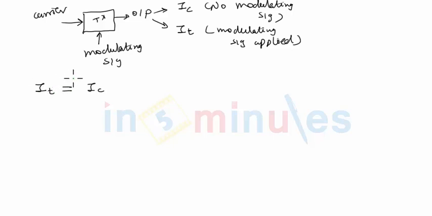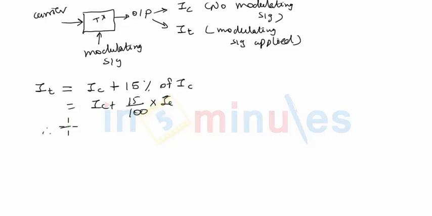This simply means that IT will become IC plus 15% of IC. Increases by 15% means the original value gets added with 15% of the original value IC. So this will be nothing but IC plus 15 by 100 into IC, and therefore the total RMS current becomes IT equal to 1.15 times IC.